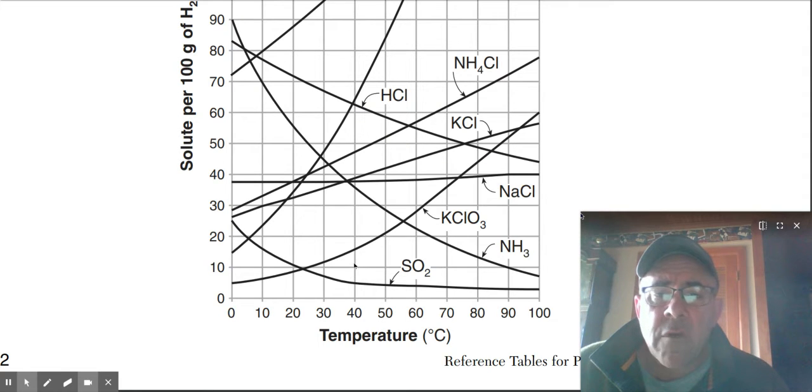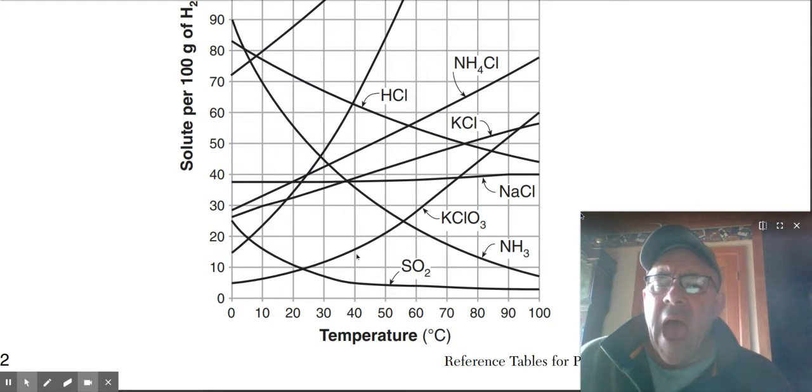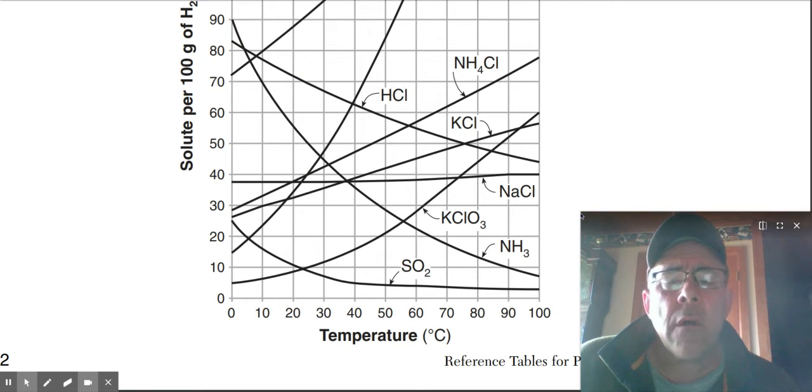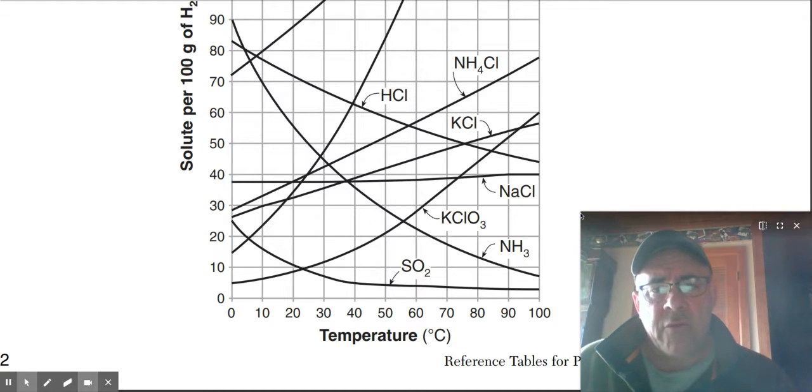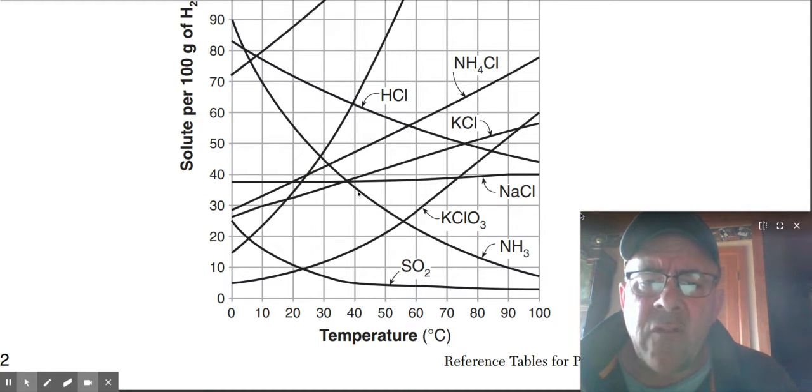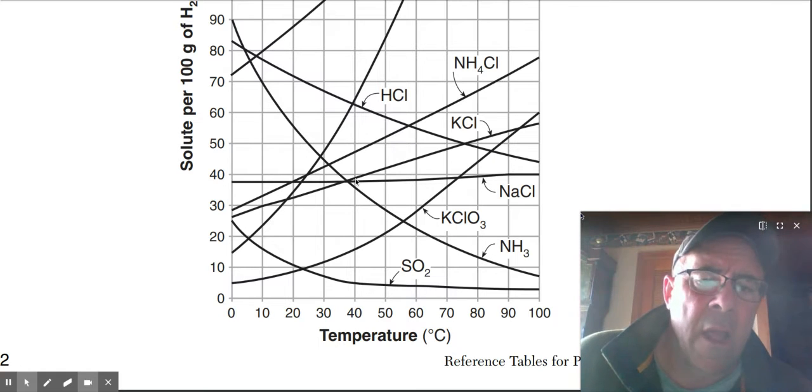I don't really need to find 14 grams on the graph, but what I do need to know is at 40 degrees Celsius, what's the maximum amount of potassium chloride that can fit in 100 grams of water? So I read up from 40 degrees Celsius till I hit the KCl graph. And that's almost 40. I'm going to call it 39 grams.